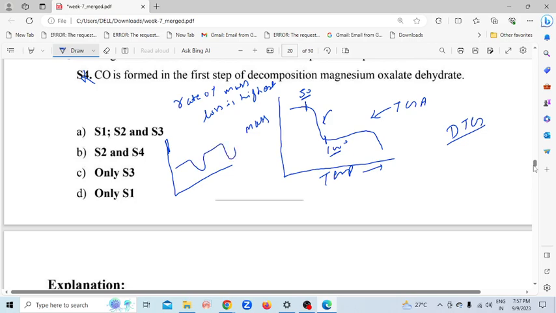If this type of curve is there, then you can identify. Suppose I am plotting temperature, then I can say at this point highest mass loss is occurring.